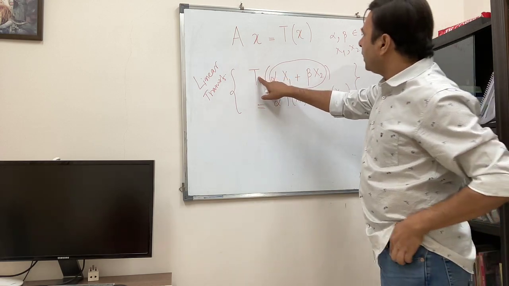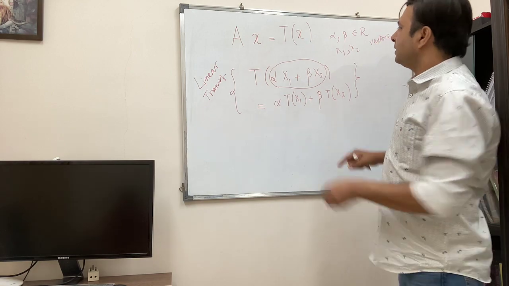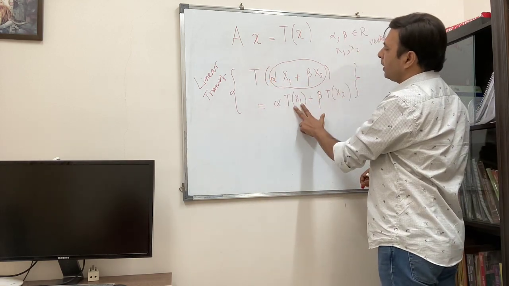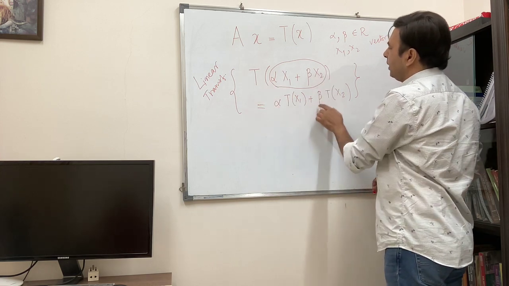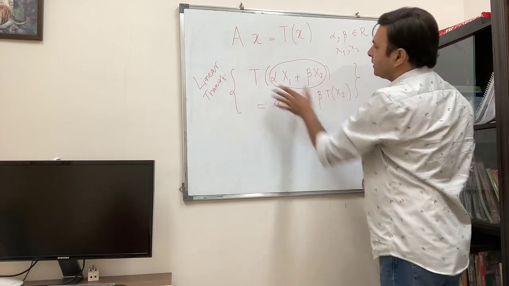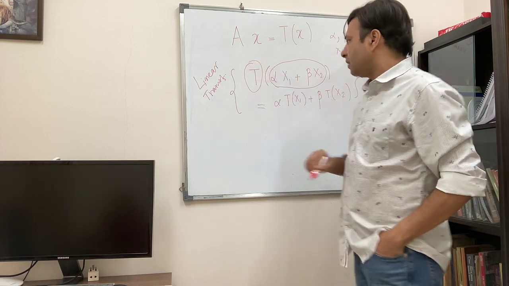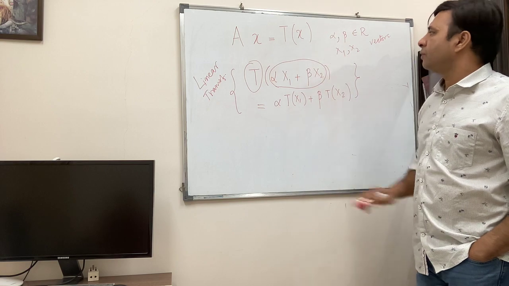If the transformation is such that doing this is equivalent to first transforming x1 and multiplying it by alpha, and then transforming x2 and multiplying it by beta, if these two are the same, then this transformation is called a linear transformation. All good?